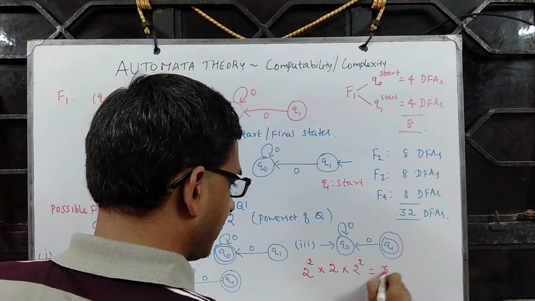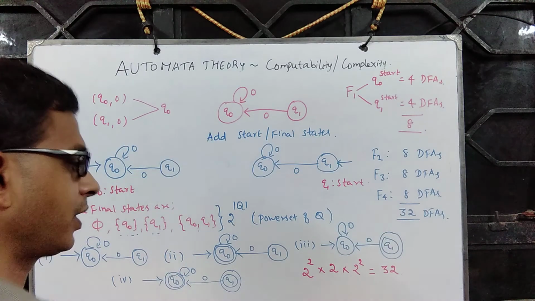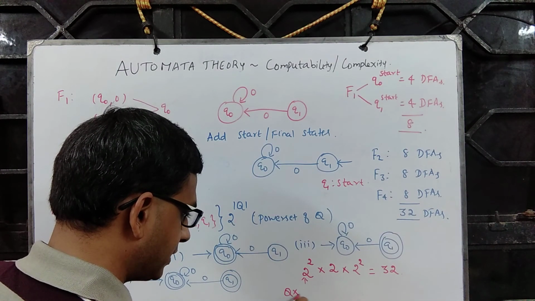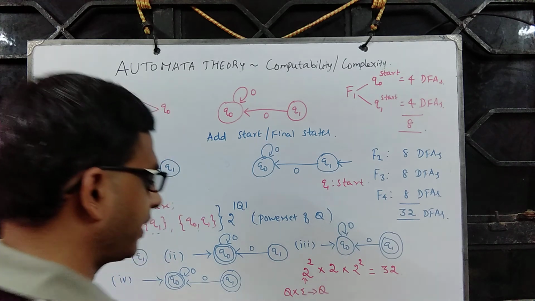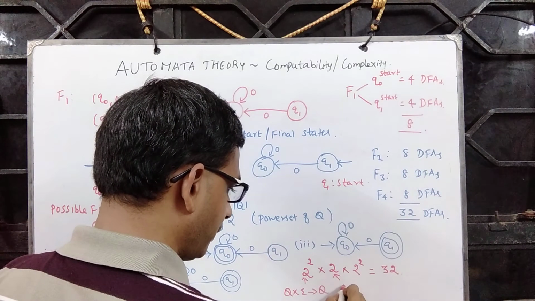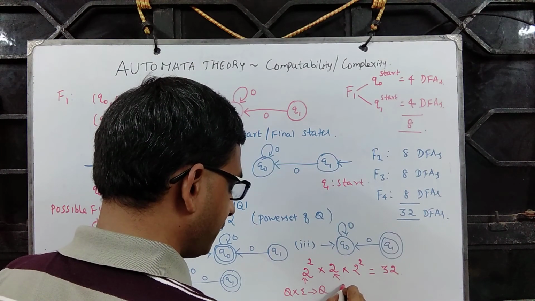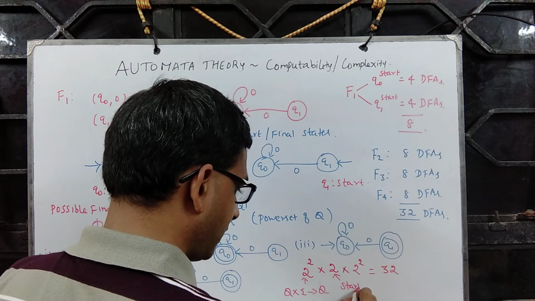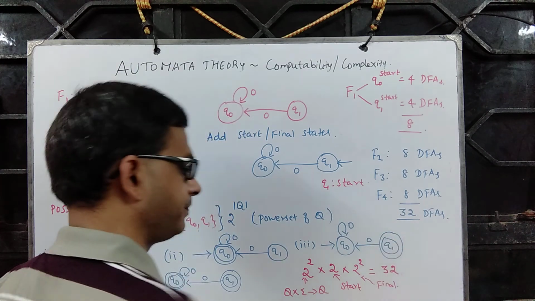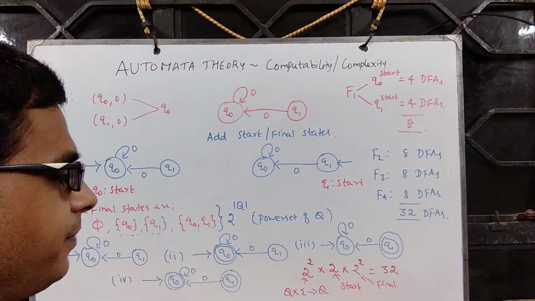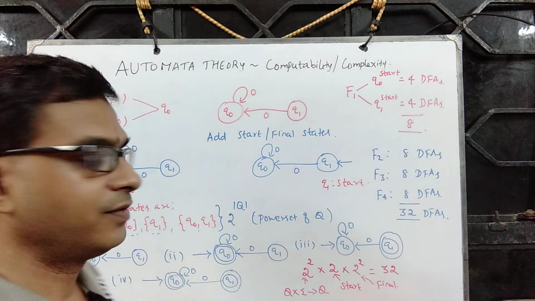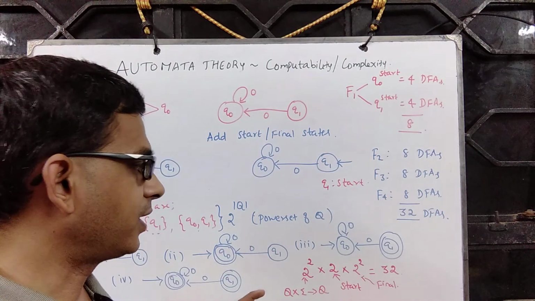So we therefore get 32. So this one is Q cross sigma to Q. Correct? That gives you the number of functions. Then this gives you the number of possibilities for start state. This gives you the number of possibilities for final states. Okay, that tells you that there are 32 deterministic finite automatons for this example.